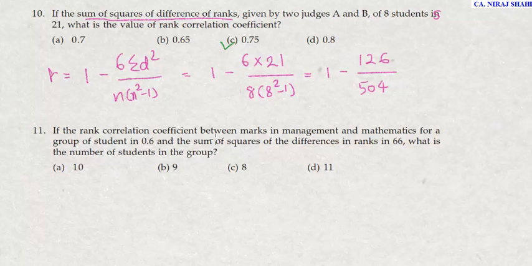If the rank correlation coefficient between marks in management and mathematics for a group of students is 0.6 and the sum of squares of the differences in rank is 66, what is the number of students in a group? Again, let me put the formula of rank correlation. R is equal to 1 minus 6 sigma d square divided by n into n square minus 1.